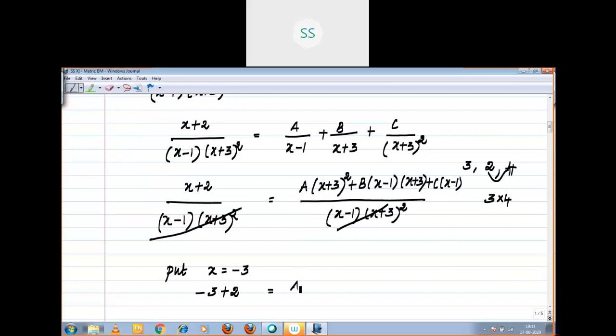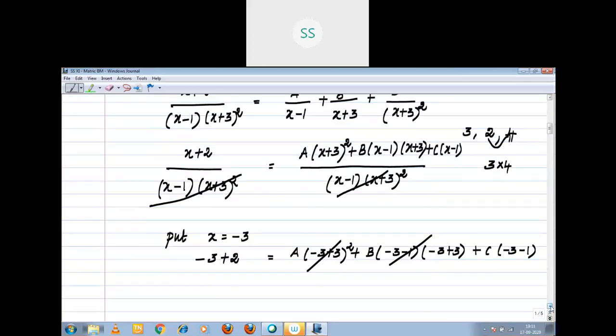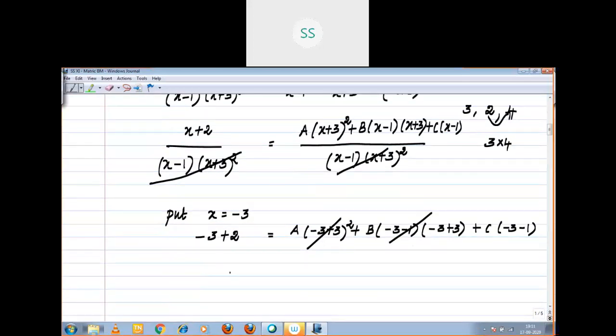Now a into minus 3 plus 3 the whole square plus b into minus 3 minus 1, minus 3 plus 3, plus c into minus 3 minus 1. Then these two terms vanish, and c alone exists. Minus 1 equal to minus 4c. Then c is equal to 1 by 4. Got it children? Say yes or no.